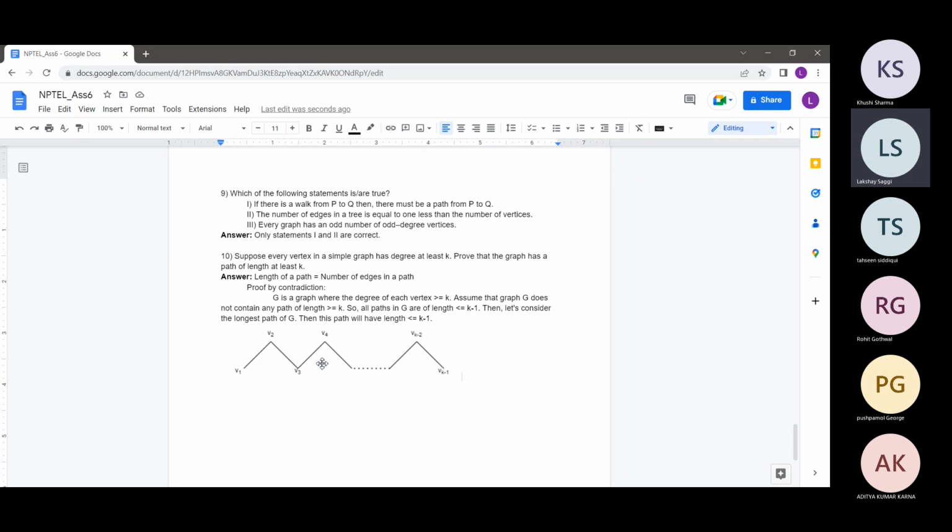Let's say the path goes from V1 to Vk minus 1, and this was the longest path of G. This path will have length less than or equal to k minus 1. It could be k minus 1, k minus 2, or anything. Let's say the length of that path was k minus 2.